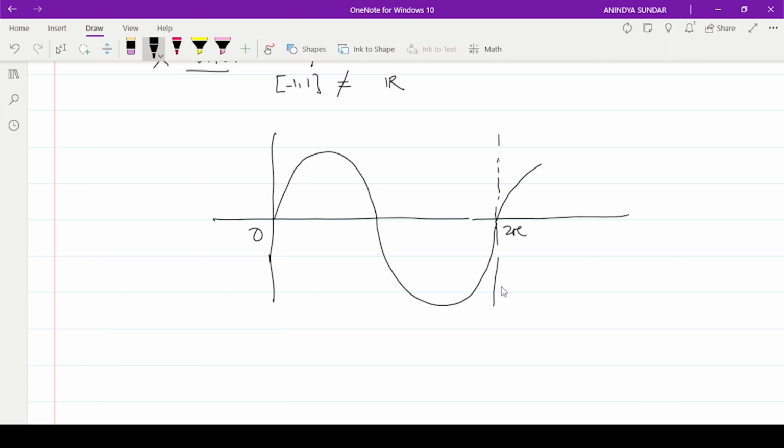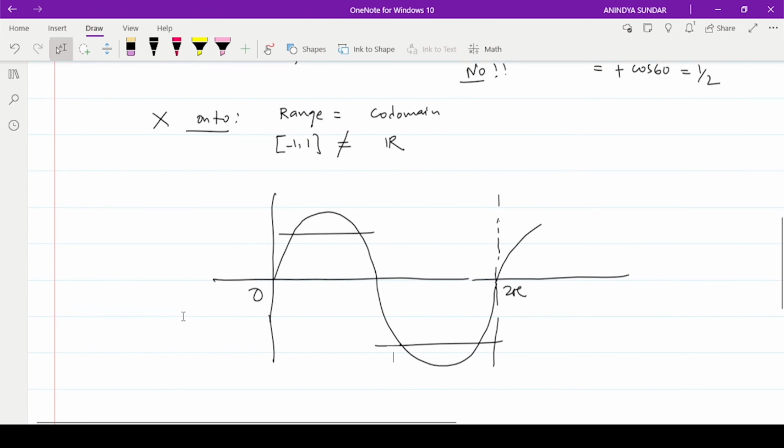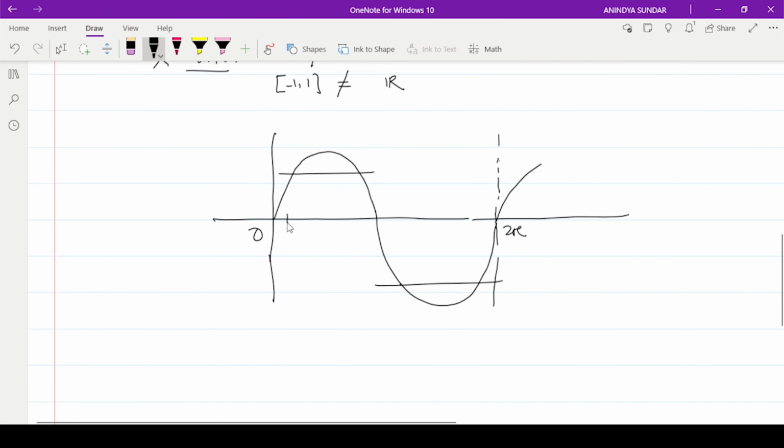But is this particular period one-one? No. If I draw this line, there are two points I'm getting at which this function is not one-one, because at 30 degrees the image and at 150 degrees the image is the same. So obviously, this function is not one-one.